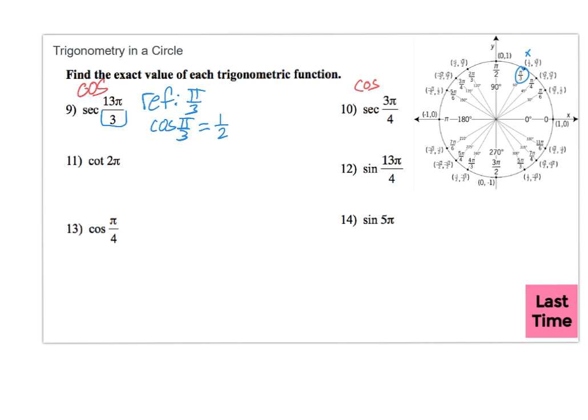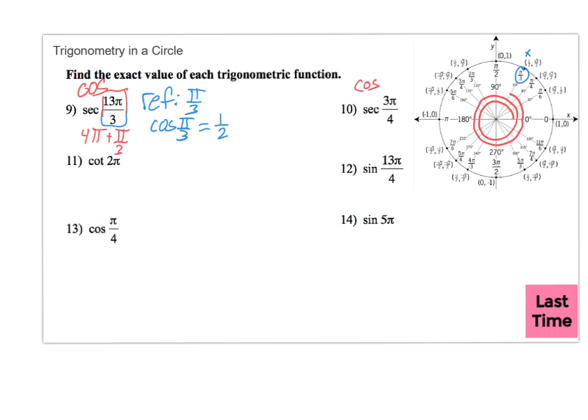In order to figure out what the secant value is, I've got to find where this angle is. And I know that 3 goes into 13 pi 4 times, so we could say that this is going to be 4 pi, that's 2 full times around the circle, plus pi over 3. So this is going 1, that's 2 pi, 4 pi, and then that much further.